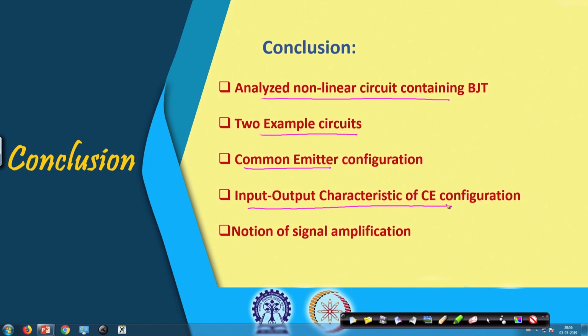The slope of the transfer characteristic comes from the GM and the load R c together, and if it is higher than 1, that makes the circuit an amplifier. So, we have seen the notion of signal amplification by this common emitter amplifier, and we have given a slight hint of moving to the small signal equivalent circuit and small signal model of the BJT. Later on we will be discussing that part in further detail.